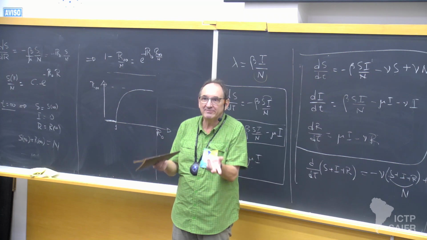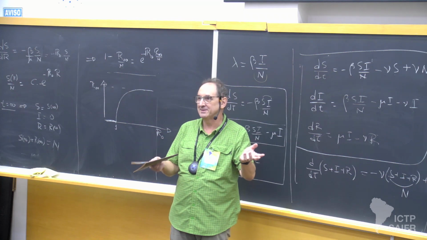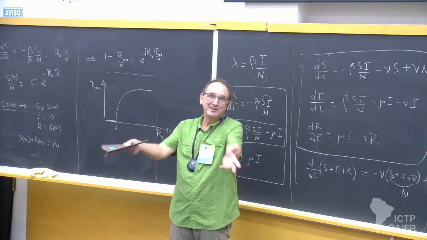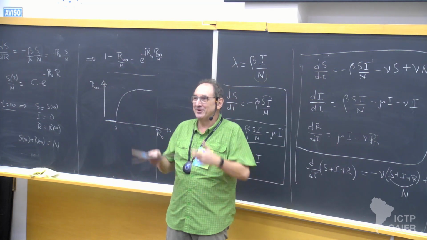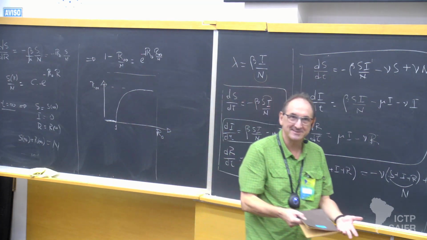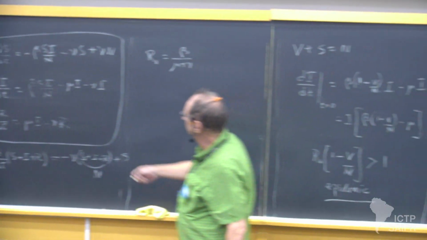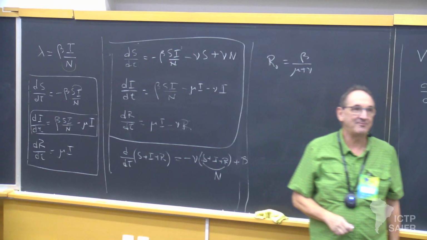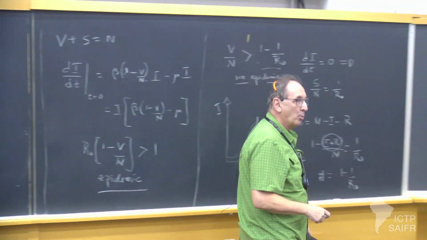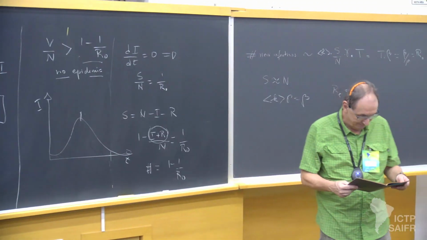But this means that there is no infection. Therefore, the susceptibles, infected and removed will be constants because there's no dynamic of infections. Okay? But this here also has a fixed point, which is non-trivial.